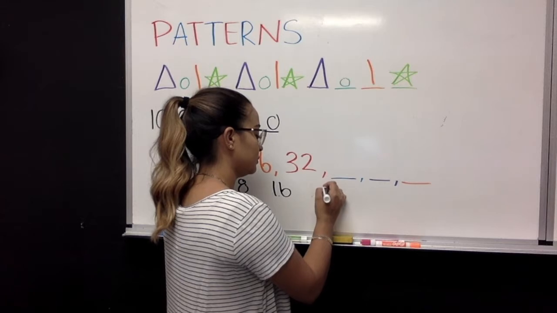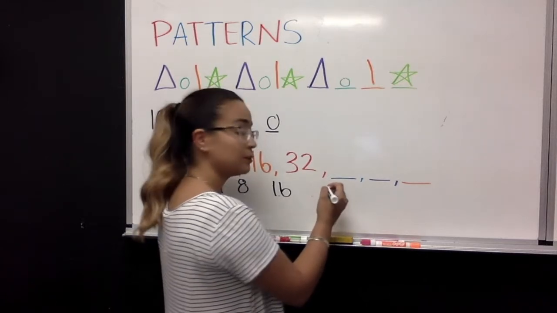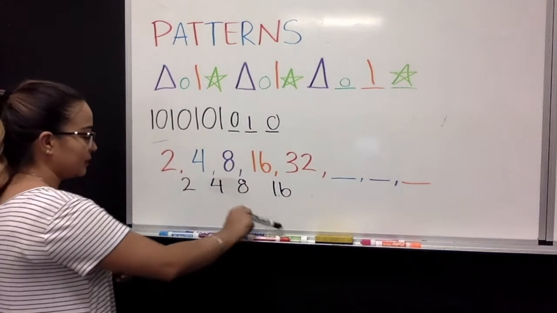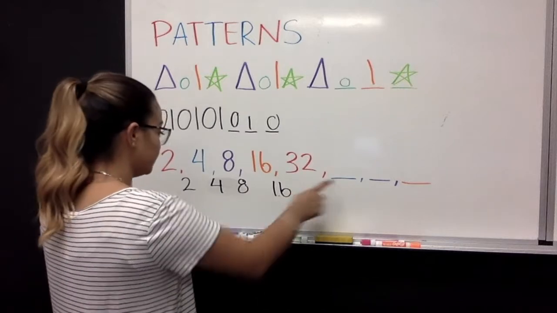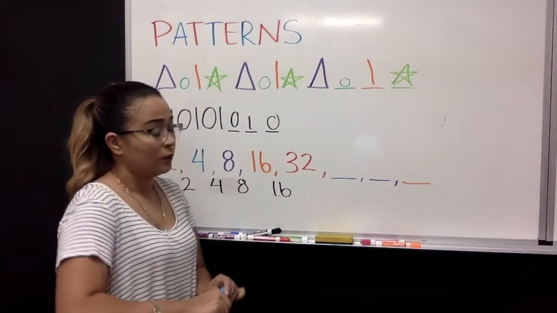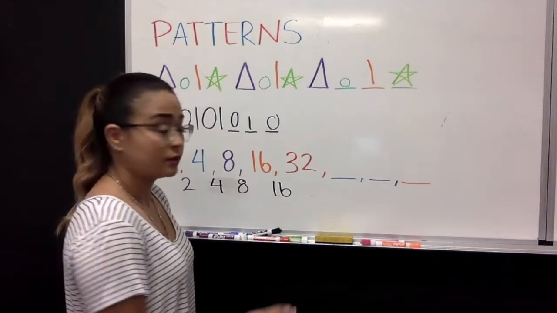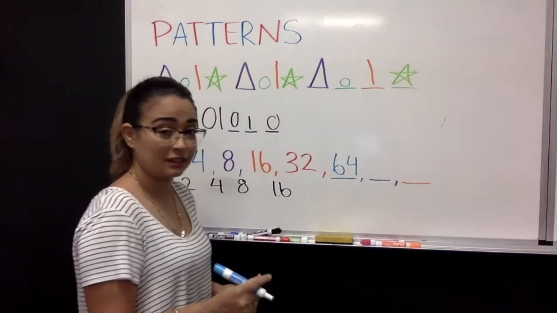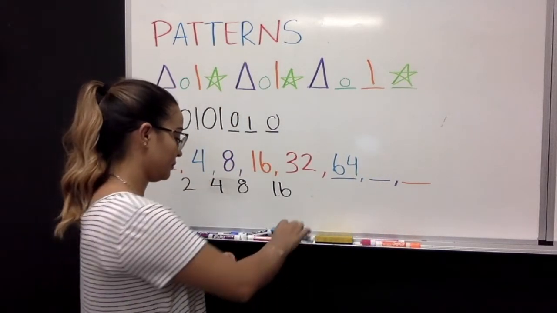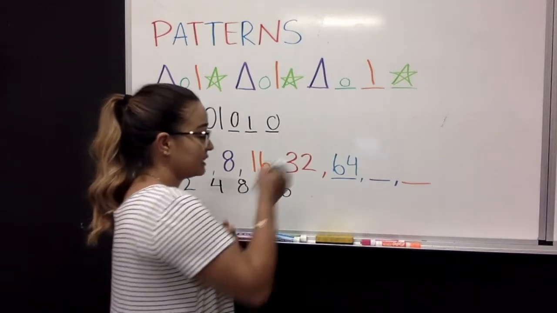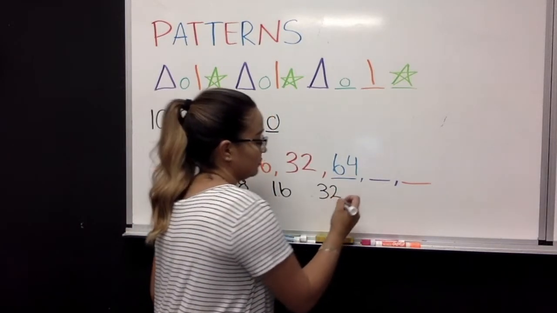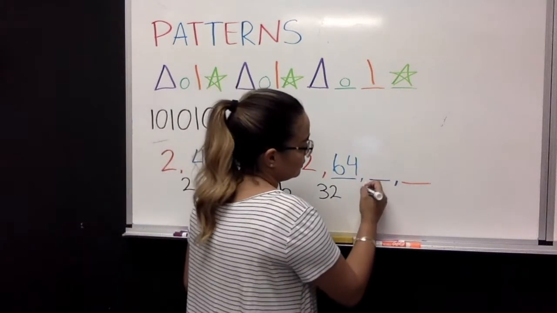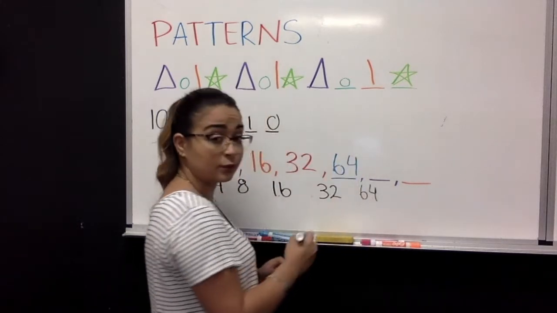Now, what's 32 times 2? Now wait, before I write down a number. It's red, so our next color should be blue. 32 times 2 equals 64. And there are exactly 32 numbers in between. Now, there's going to be 64 numbers in between this one because we're going to double 64.